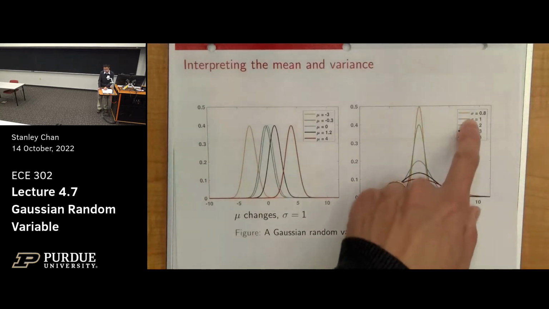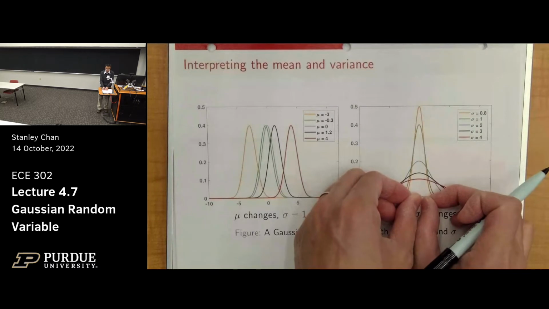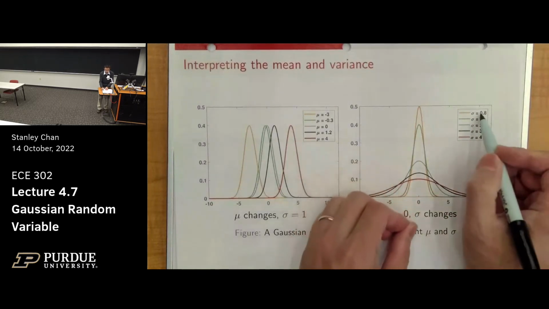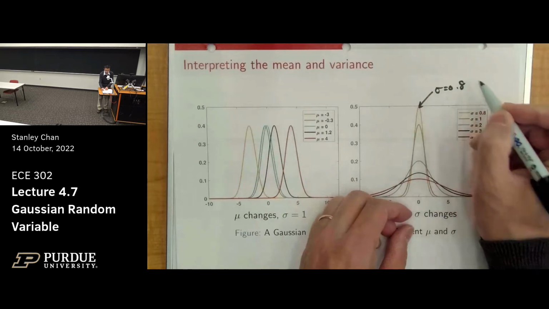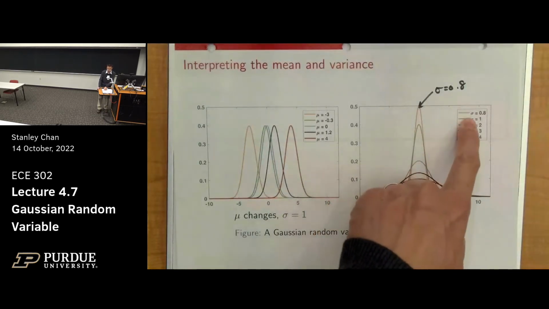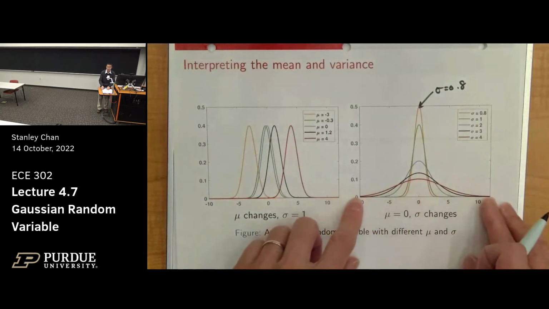If we are changing the sigma, then we are stretching the Gaussian random variable, which is stretching the PDF from a very small value. So here it will be a sigma equal to 0.8, which is a very, very narrow Gaussian, and to a sigma equal to 4, which will become very wide.